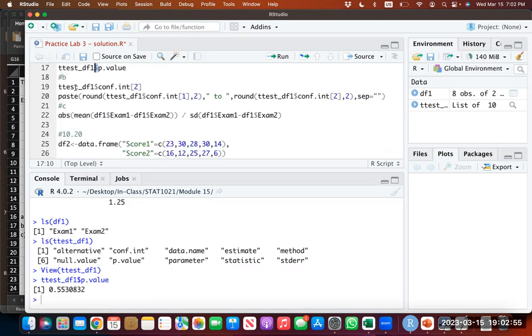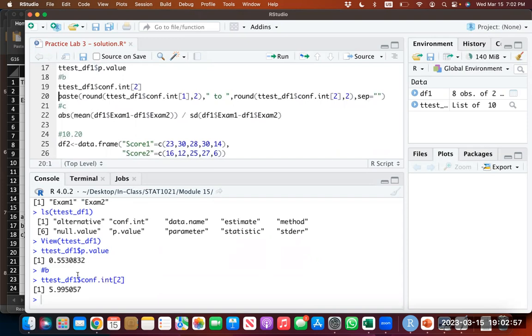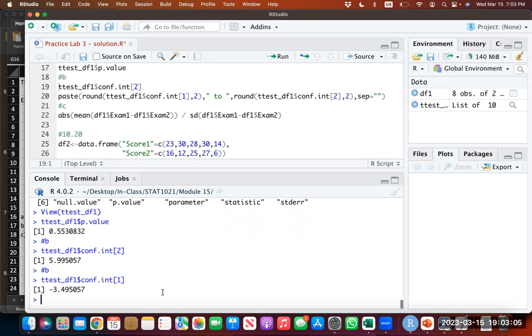If you want the confidence interval, you can get it out. Confidence interval 1 would be the lower limit, and confidence interval 2 is the upper limit.